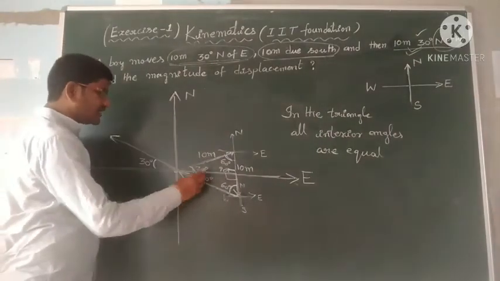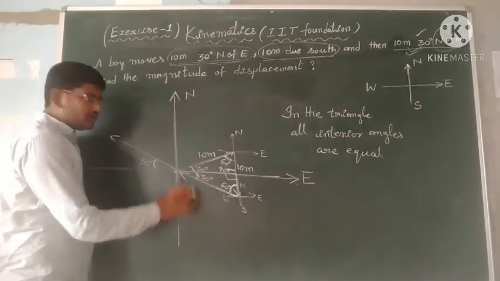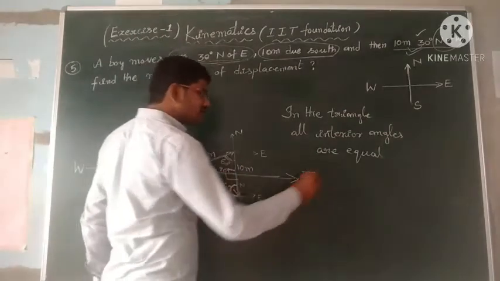So all interior angles are equal, that is 60 degrees. So all angles are equal means all sides are also equal.